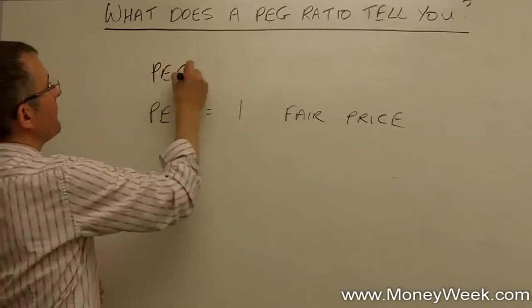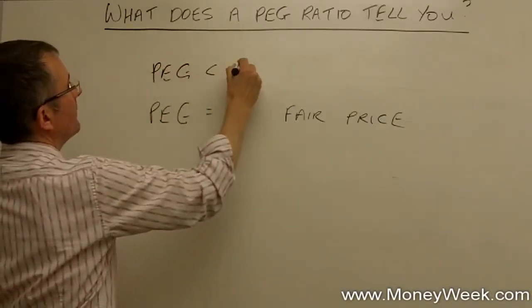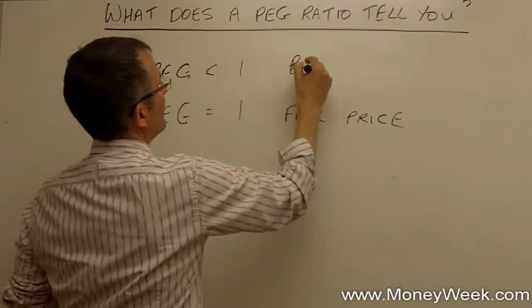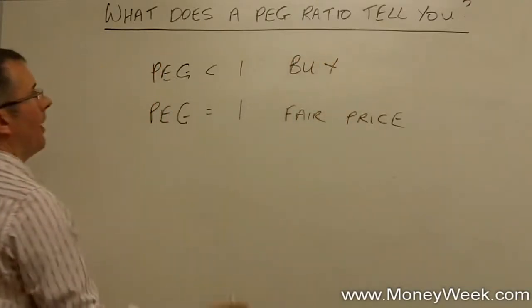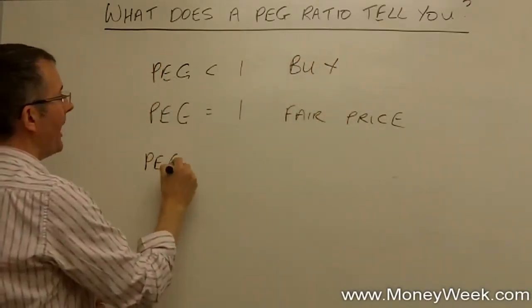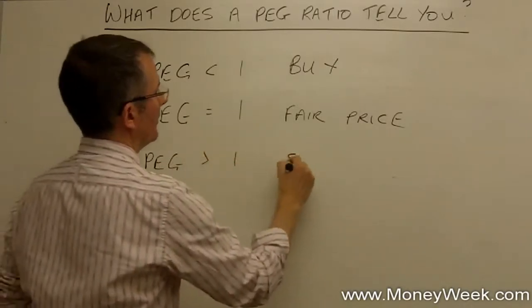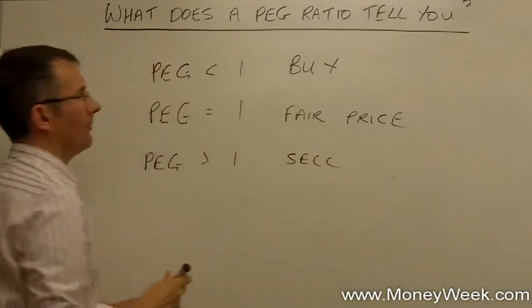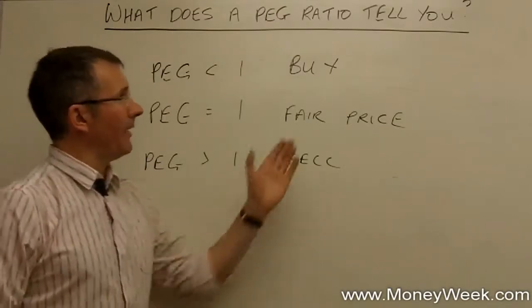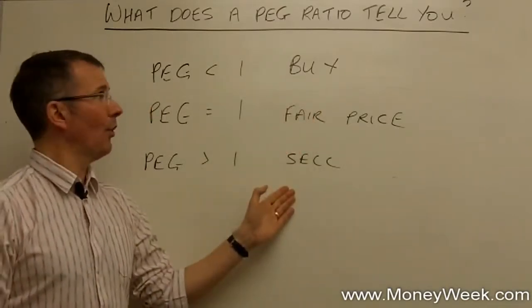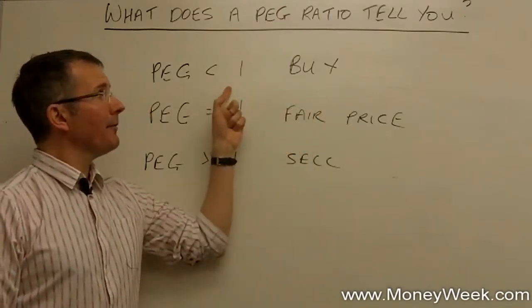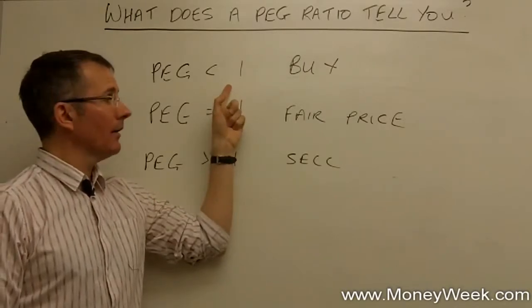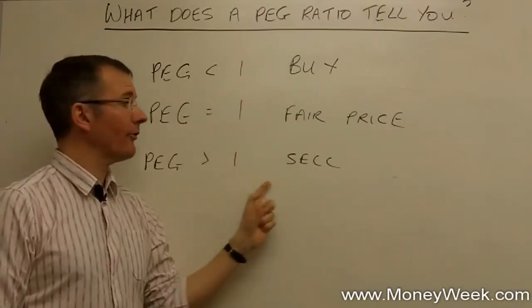If a PEG is less than 1, you buy. If the PEG is above 1, you sell. Very crudely, that's the conclusion that PEG fans would draw. Below a half, strong buy. More than 2, strong sell.